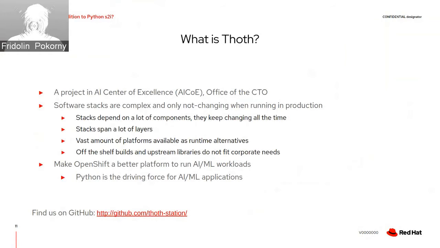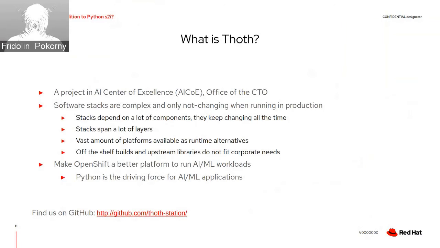But you can also take a look at the kernel space and hardware that is available to run either machine learning workloads or software stacks in general. So you can see a vast amount of platforms and available runtime environments to run your application and to deliver your goals using the given application. So this is like the high scope of Thoth.